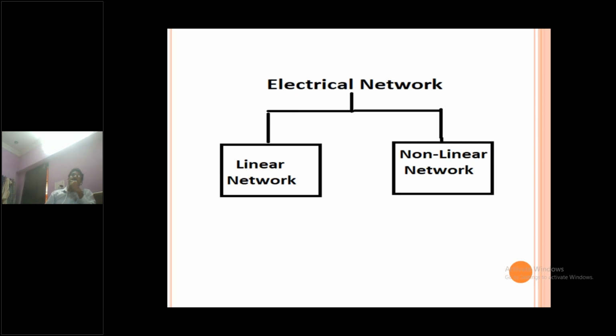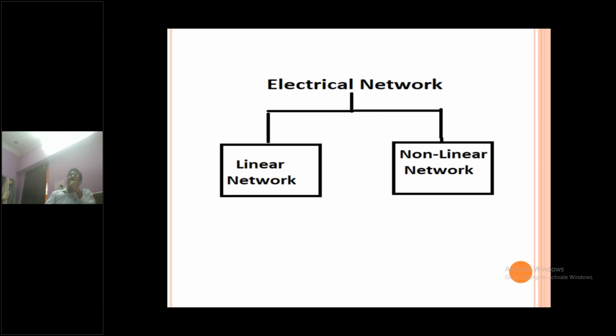Then you apply different inputs. Generally the inputs considered here are sinusoidal input, step input, pulse input, square wave, ramp and exponential. When these waveforms are applied to a linear circuit, what will happen? What is meant by linearity? The linearity property is nothing but the superposition theorem principle. What is the superposition principle?